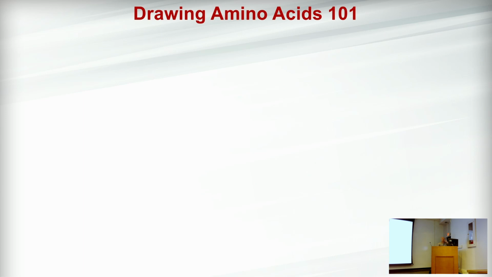When I teach this class, I try to give a little bit of a trick. It only works so far, but you can always start with the C alpha and put your proton, your carboxylic acid, and your amino group. Now, the only thing that changes is here.